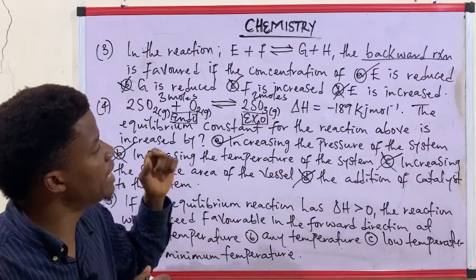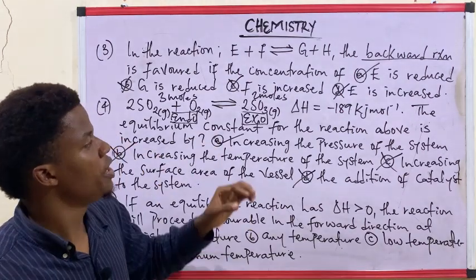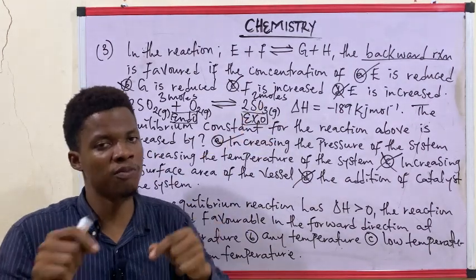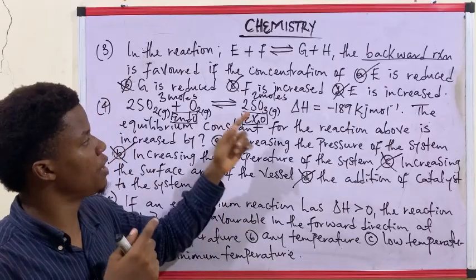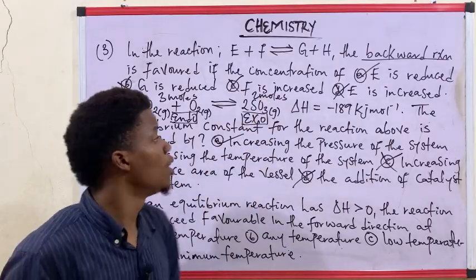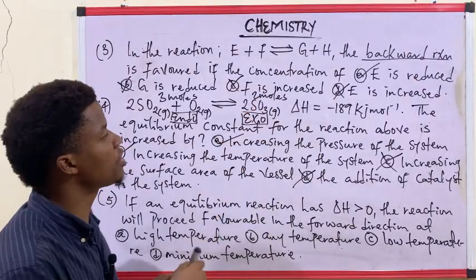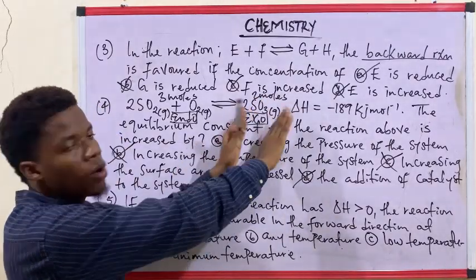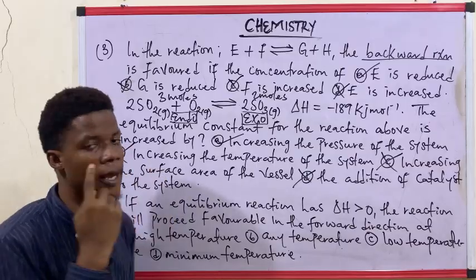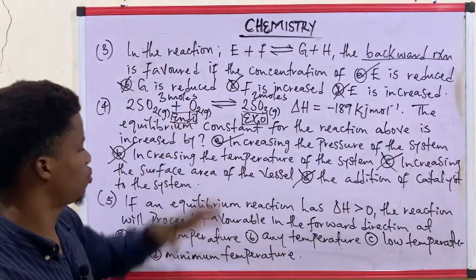When you increase pressure, it favors the part with a lower number of moles, or you can say it favors the part with a lower volume. So between 3 and 2, which one is smaller? 2. So an increase in pressure will favor this direction.